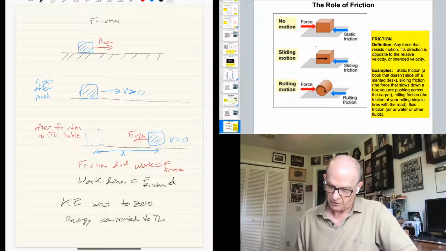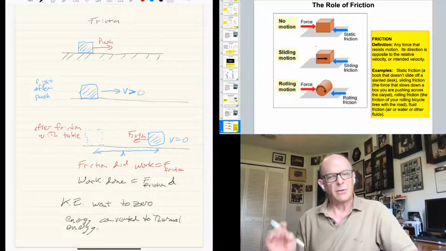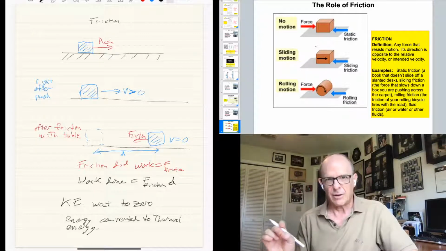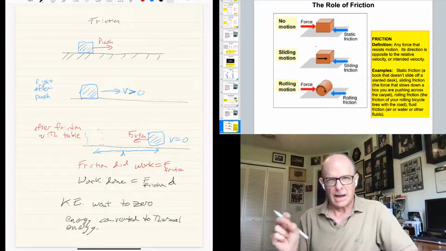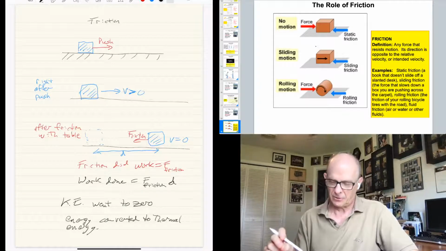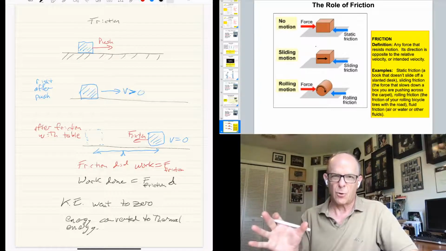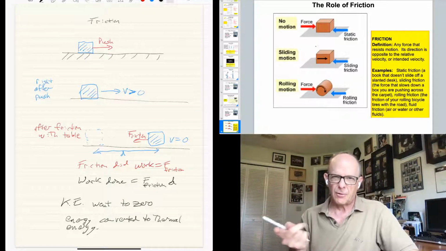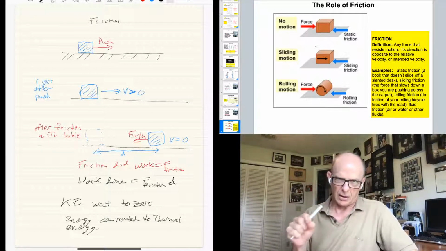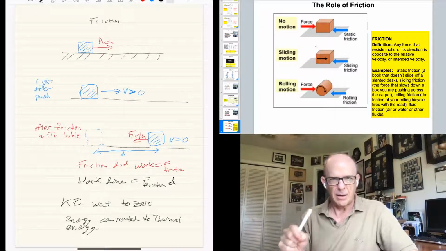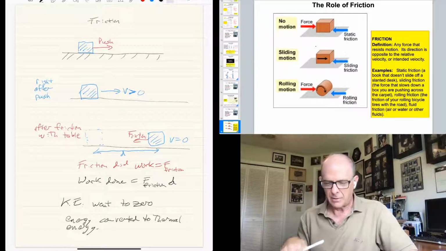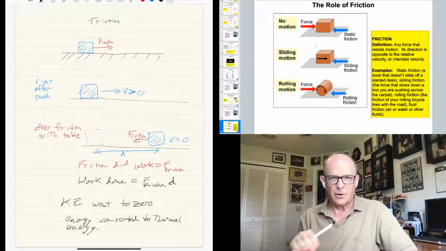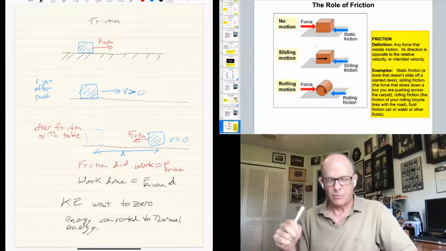And thermal energy is going to be the topic of the next chapter, and literally thermal energy is actually still kinetic energy, but it's the kinetic energy of the atoms and molecules in a substance. And so while the block as a whole stopped, the surface of the block and the surface of the table got a little bit warmer as the molecules that make up the wood of that block and the table that it was on started vibrating a little bit due to that frictional force.